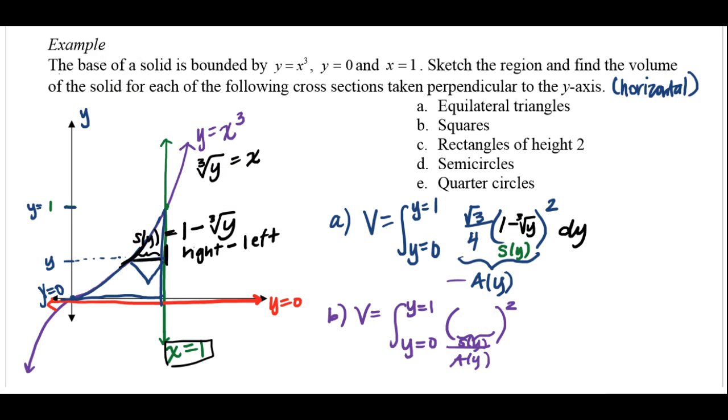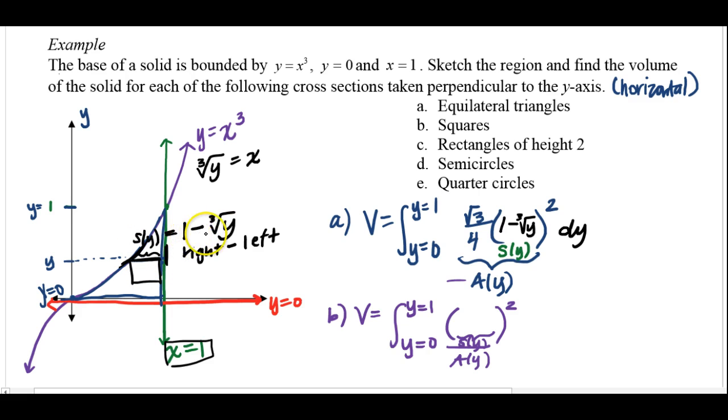So the side of my square now, I'll go ahead and use a different color. Instead of an equilateral triangle this time, I'm going to have squares coming out at my y value. So my square is coming out, which has a base of s of y again, which is still going to be found using right minus left. So instead of top minus bottom, we use right minus left, and nothing has changed.